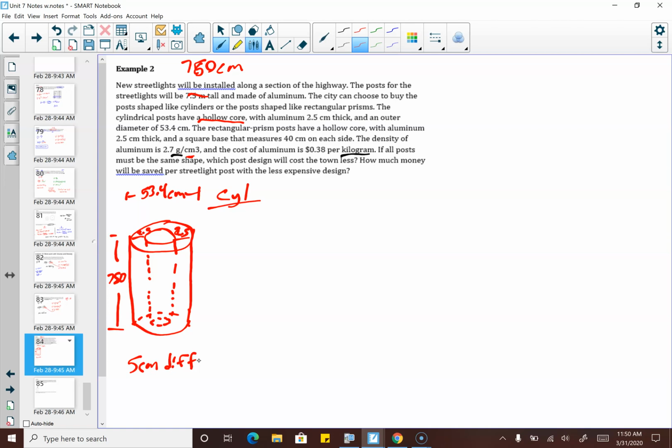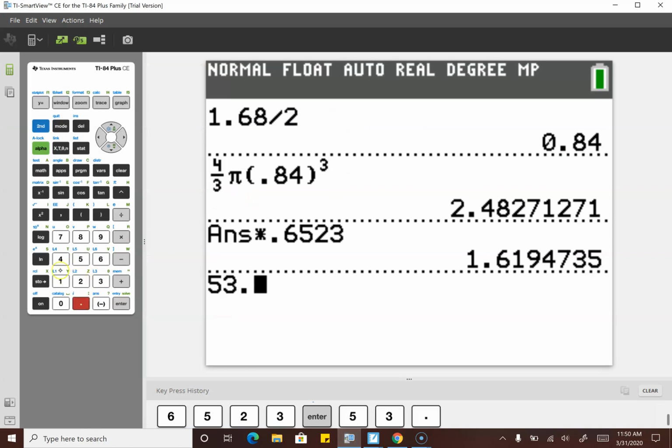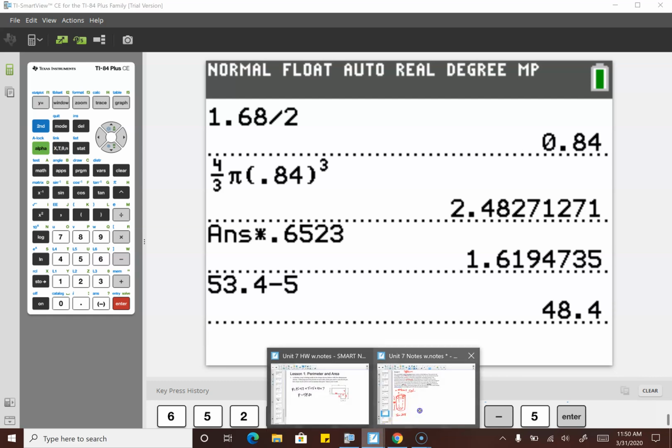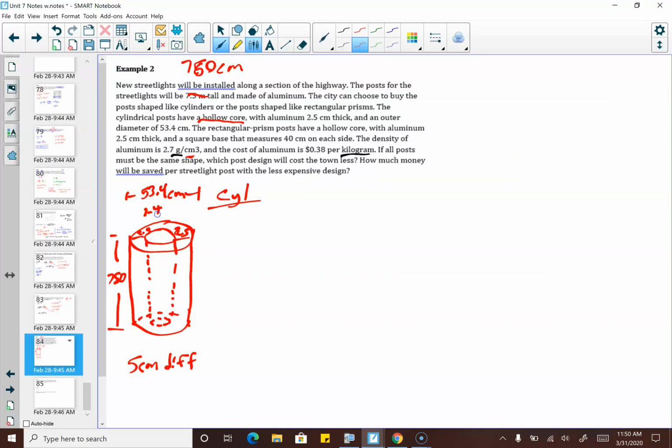So that gives us an inner diameter of, well, what's 53.4 minus 5? 48.4. So that gives us a 48.4 centimeter inner diameter.